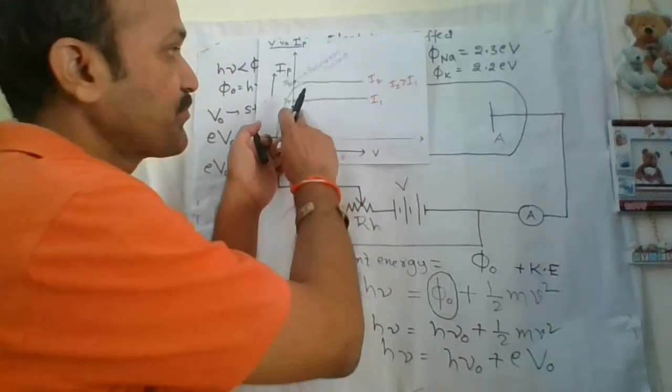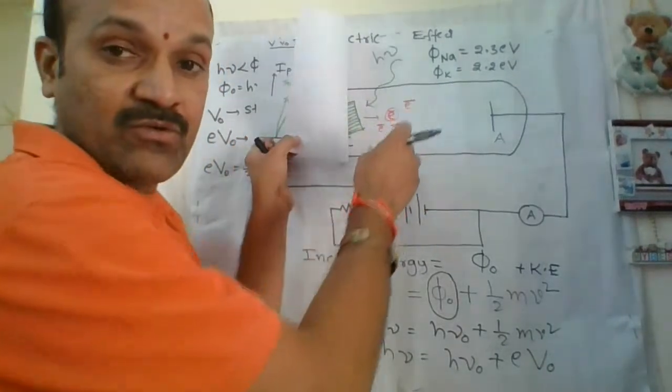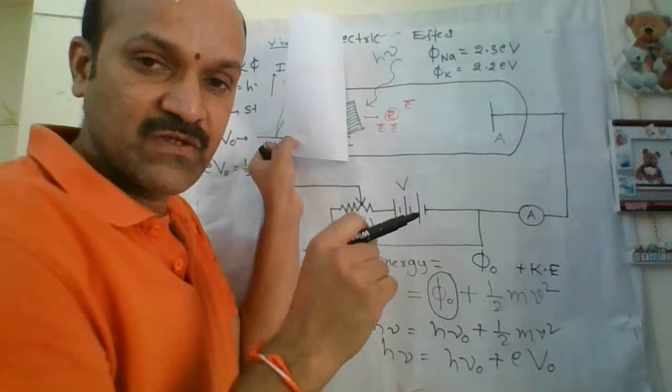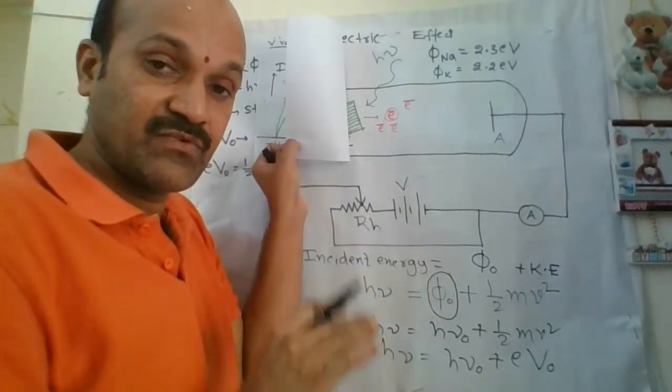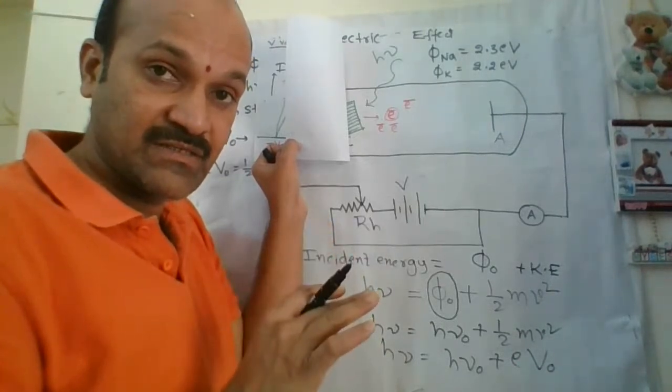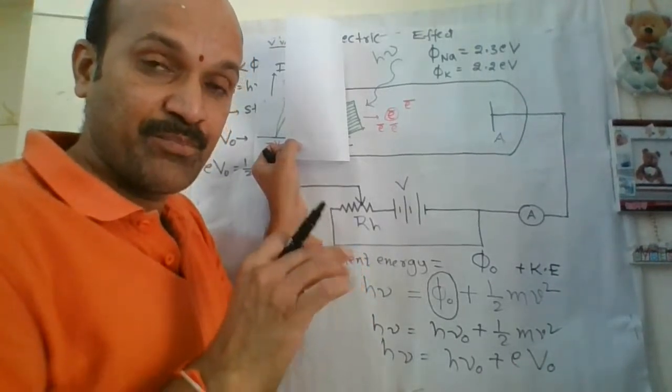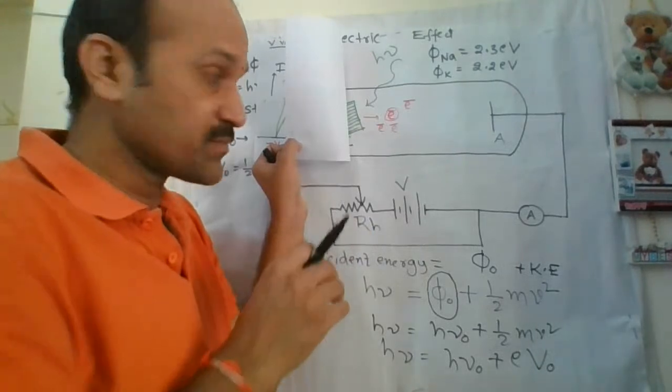How many electrons are emitted out? Say for that intensity, some 100 electrons, just for example. For that intensity and that frequency, 100 electrons are emitted out.